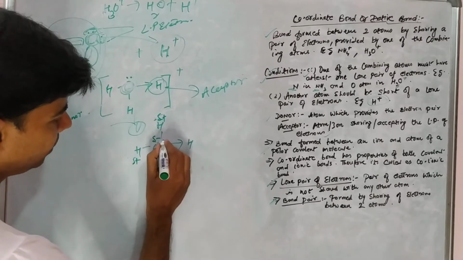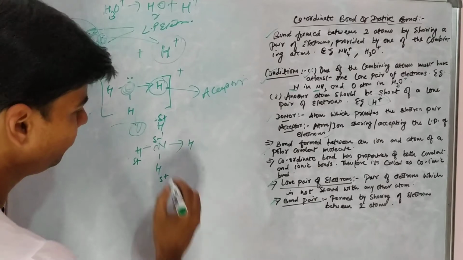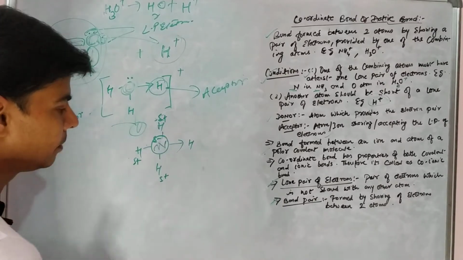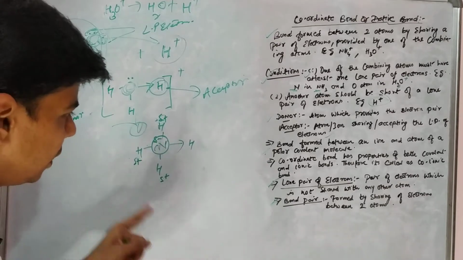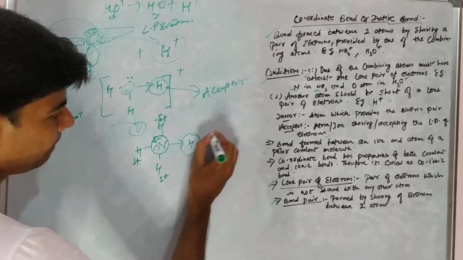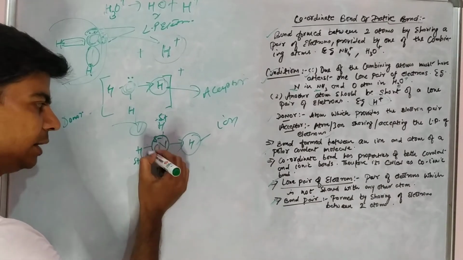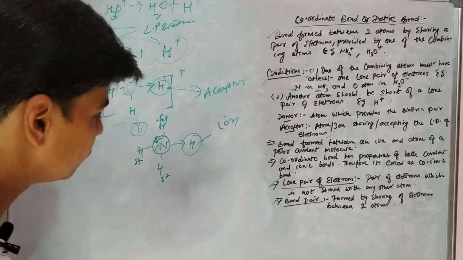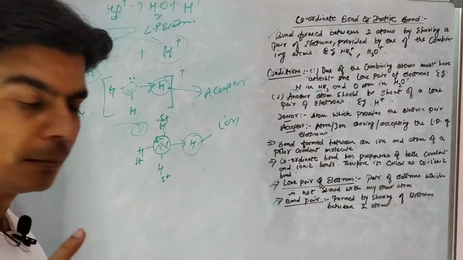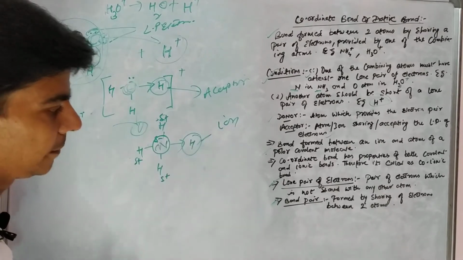Since ammonia is a polar molecule, the bond was formed between the nitrogen atom of the polar ammonia molecule and a hydrogen ion. I'll repeat, the bond was formed between the nitrogen atom of the polar ammonia molecule and the hydrogen ion, right?